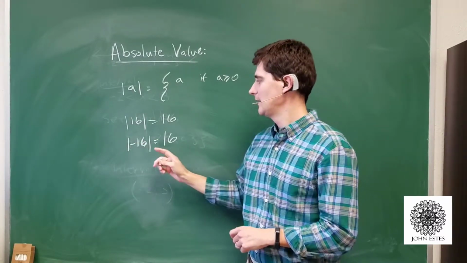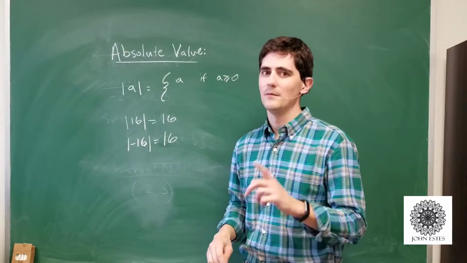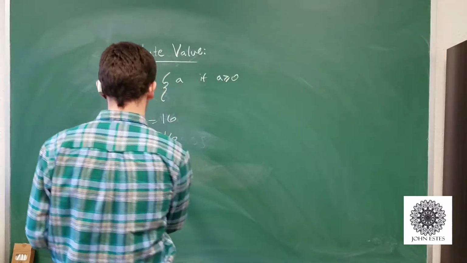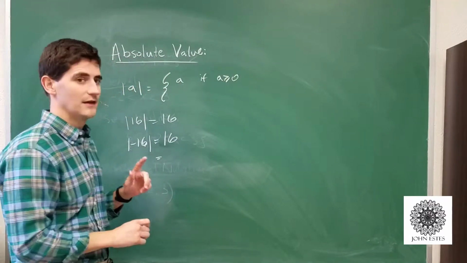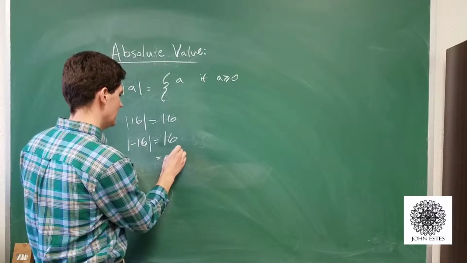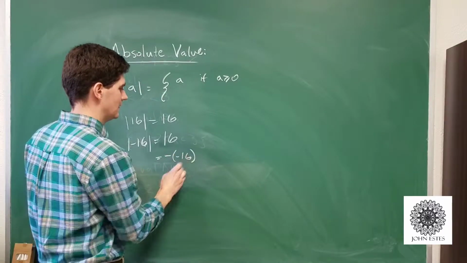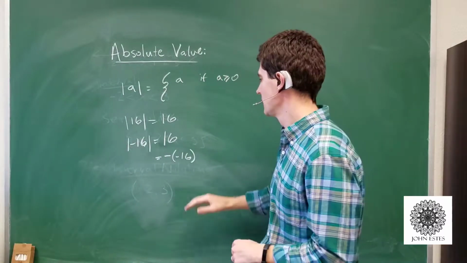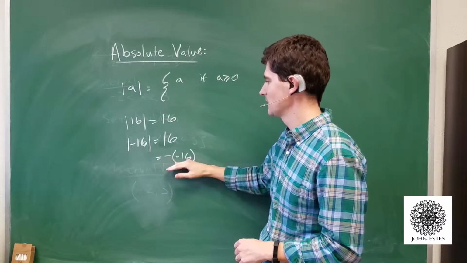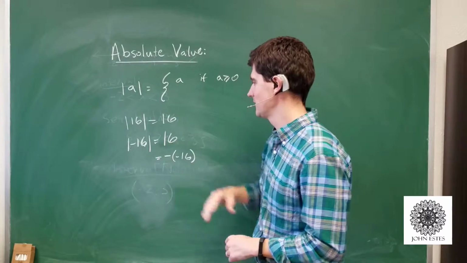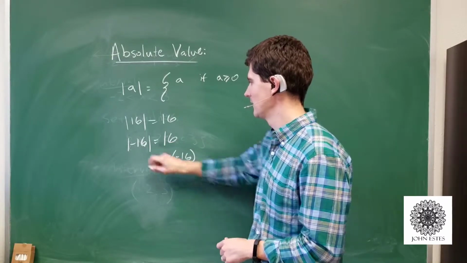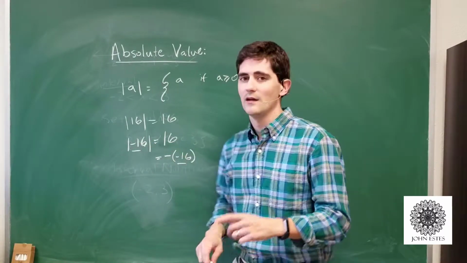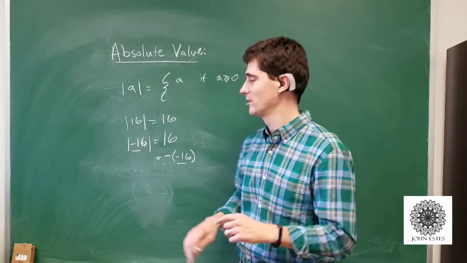Okay, now for the negative 16, maybe it would have been smarter if I had written it like this. The absolute value of negative 16 was negative of negative 16, because I know negative 1 times negative 1 is positive 1, so negative 1 times negative 16 gives me the positive 16, and what that does is it maintains that negative 16 that I dealt with in the beginning.